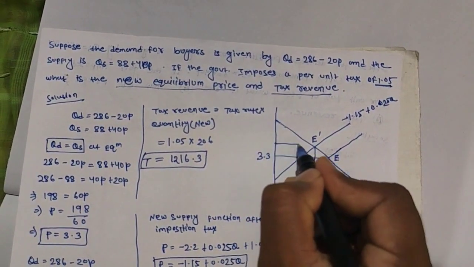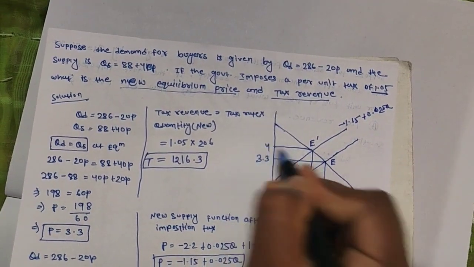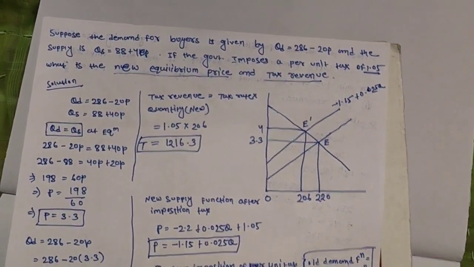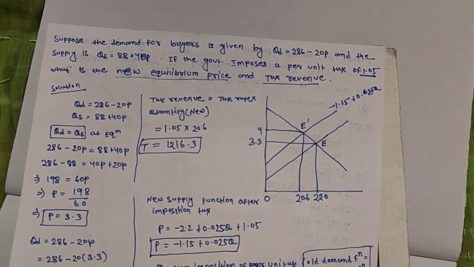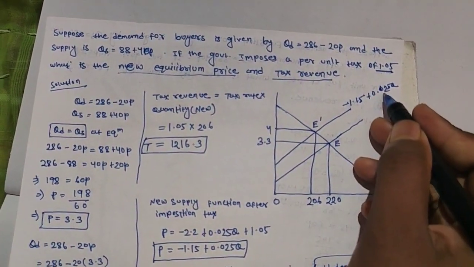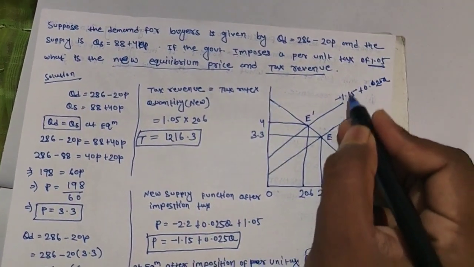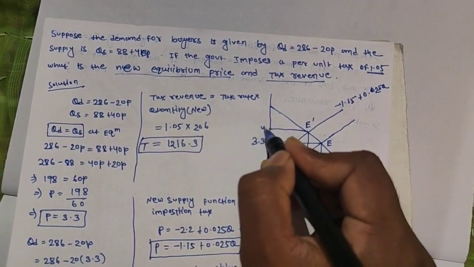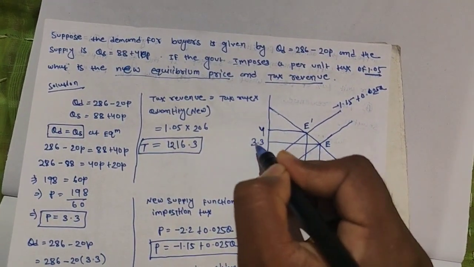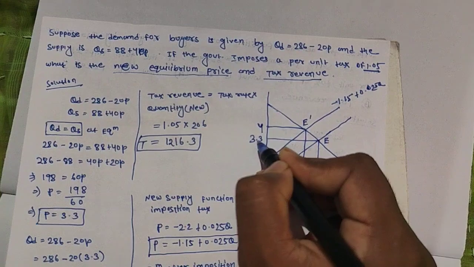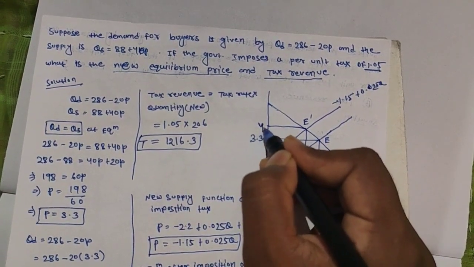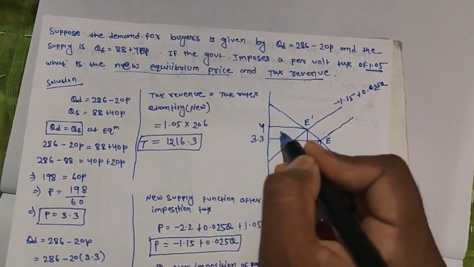Now the price has increased to 4. When the tax of 1.05 per unit is imposed, the price increases to 4 from 3.3. 3.3 is the original price, and 4 is the new equilibrium price after imposition of the tax.